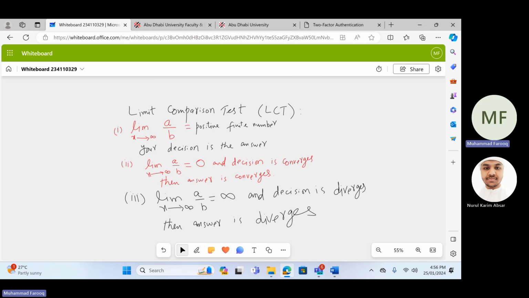Exactly. But doctor, we will use it only if DCT does not work, right? Yes, you can say that. But in the exam, I mention the method. You use LCT, you use DCT. But if DCT does not work, should we apply LCT or leave it as it is? You are talking about the exam. I don't put any question like that. So either it will work or not.